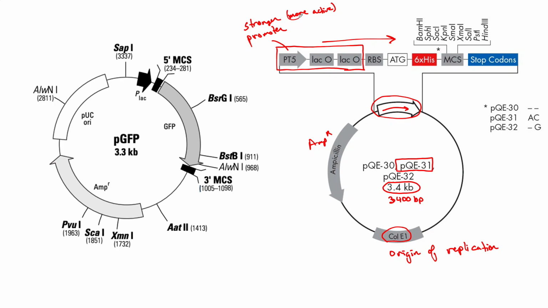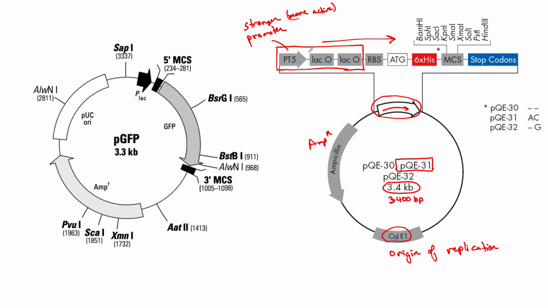So if you want to study this protein and you want to make lots of it in the cell so that you can see what it does, then you want to use a strong promoter that will activate transcription more readily, more often, more frequently, and you'll get more mRNA and therefore more protein.